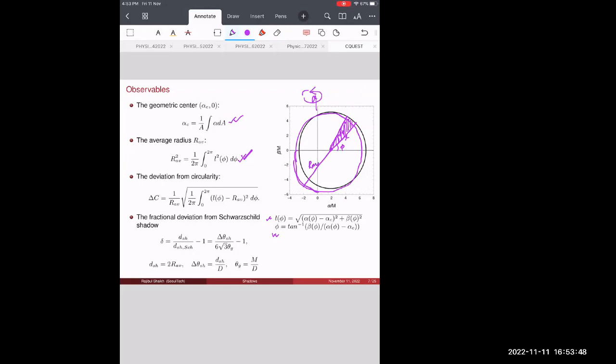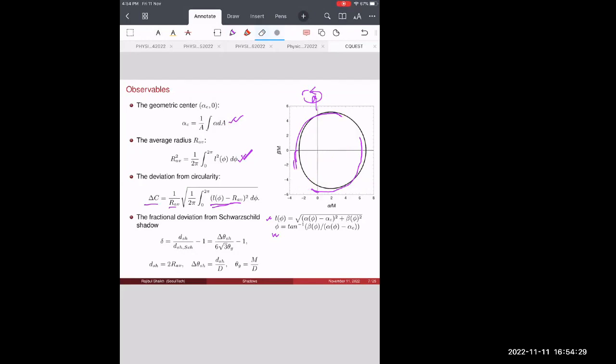Now at a given phi, we find the difference between L and r average, square it, integrate over all phi, and divide by r average, and call it deviation from circularity. If this is non-zero, the shadow deviates from the circular shape. This is basically the fractional RMS distance from the circular shape.